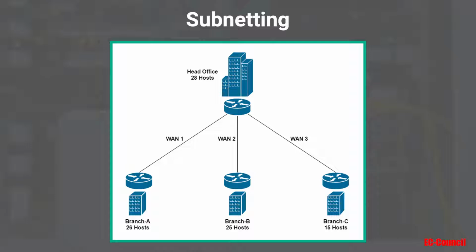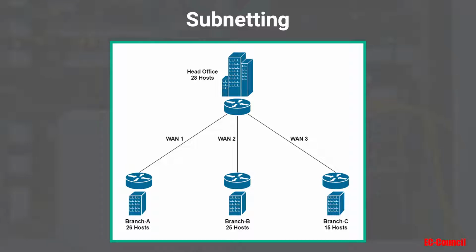And branch C could be the 192.168.4.0/24. Now, as these addresses will work, there's a very big problem. That problem is each of these networks only requires, let's say, less than 30 hosts. So therefore, there will be a lot of wastage of addresses from any of these network IDs that you probably would choose.